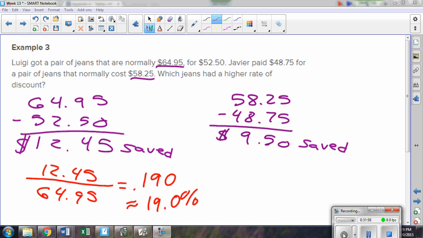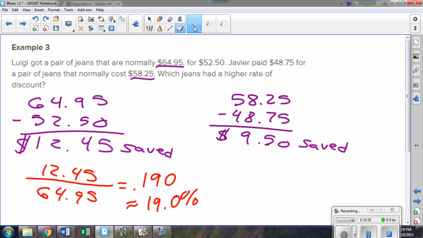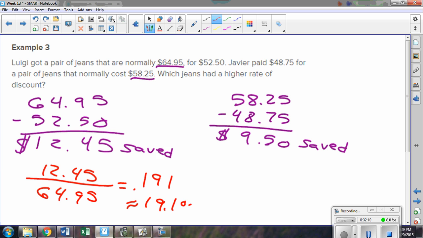What is it? Okay. I had it backwards. 191. Okay, so Sammy, you said it's 191, so it's 19.1% saved. Okay, now we'll look at Javier.